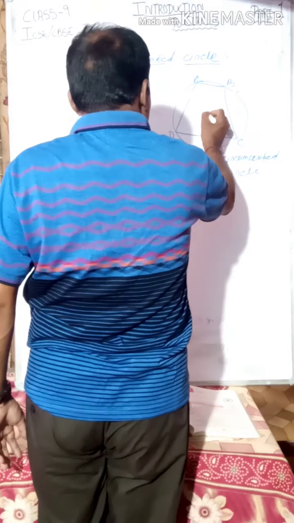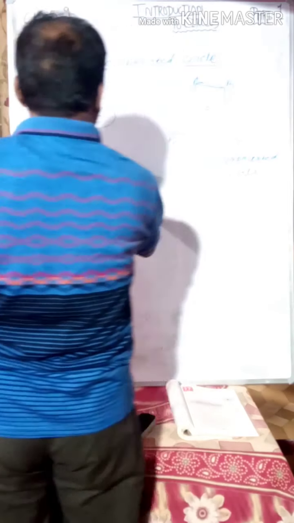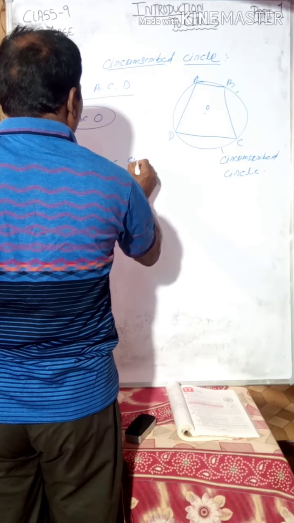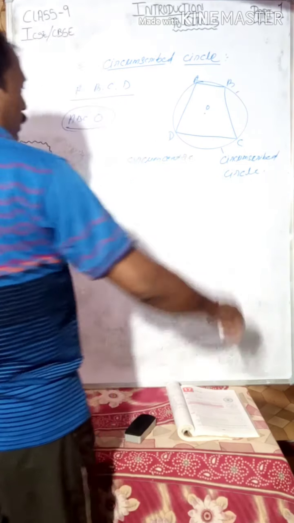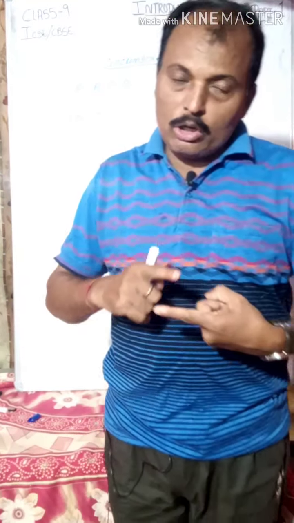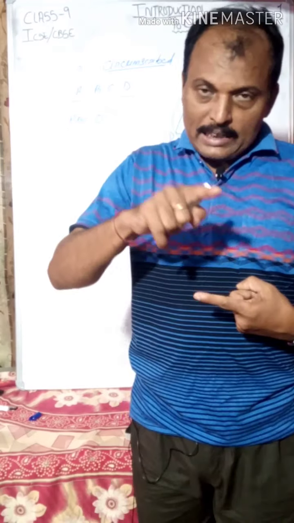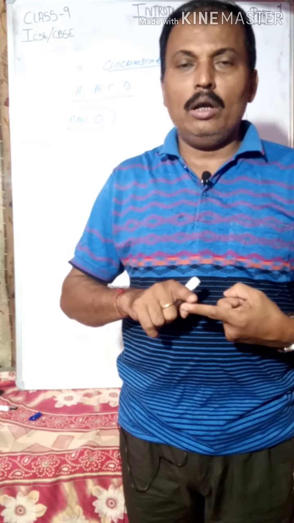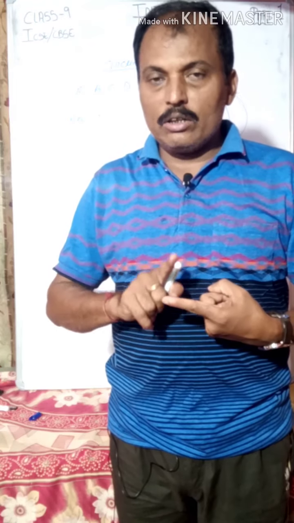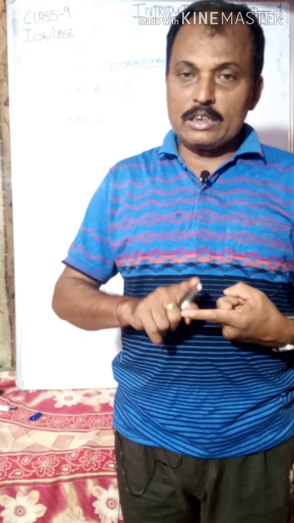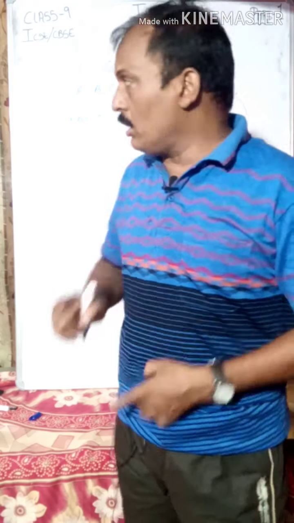The center of the circle, suppose this center is O, is called the circumcenter. Very important. When the circumference of a circle passes through all the vertices of a polygon, then that circle is called the circumscribed circle of the polygon, and the center of the circle is called the circumcenter.